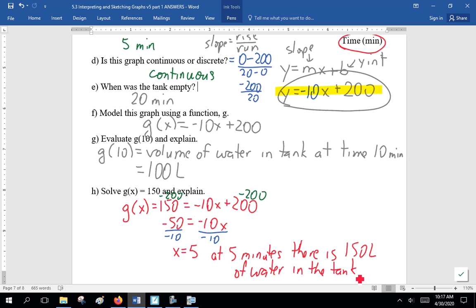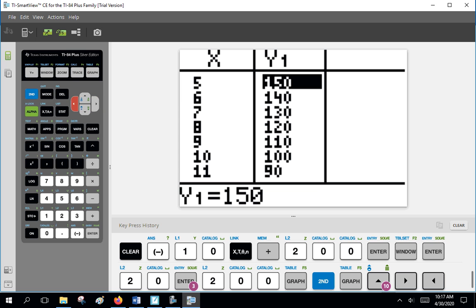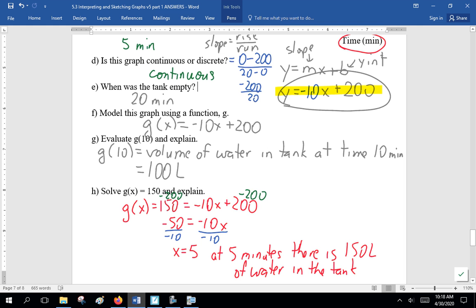That's why we use function notation. Now, double checking this, we want to scroll up till we find y is 150. There we go, x is 5. So if we didn't have the graph, we could just look at our table of values. That's what I'm trying to stress here. Now you don't absolutely have to graph this because I've given you the graph, but if you can come up with the equation, Mr. Calculator will do the work.